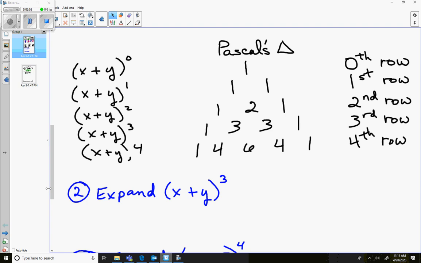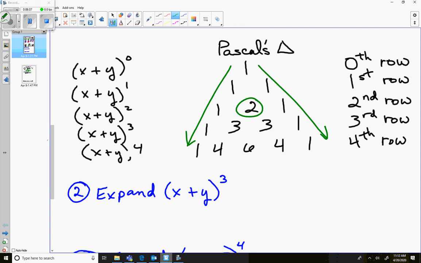So we start with Pascal's triangle. Each term in each row is the sum of the stuff above it. So just go down once on the outside, but this 2 here is the sum of that 1 plus that 1. This 3 is the sum of the 1 and the 2, etc. We sometimes refer to it as the 0th row, the 1st row, the 2nd row.